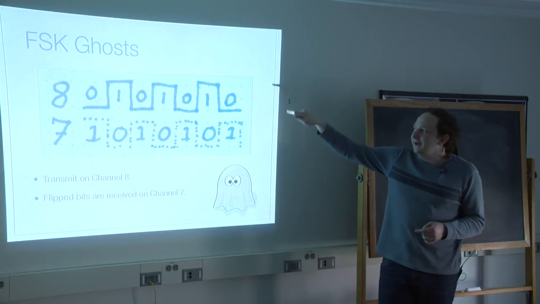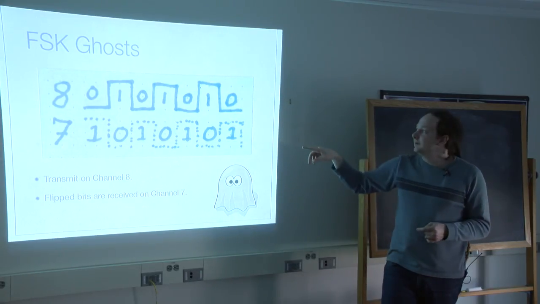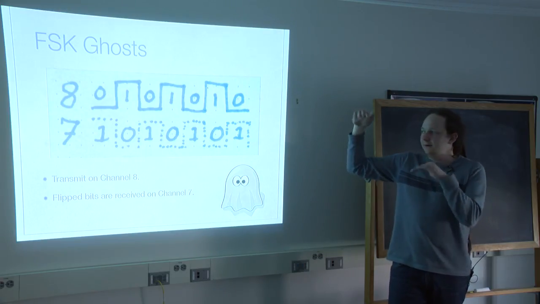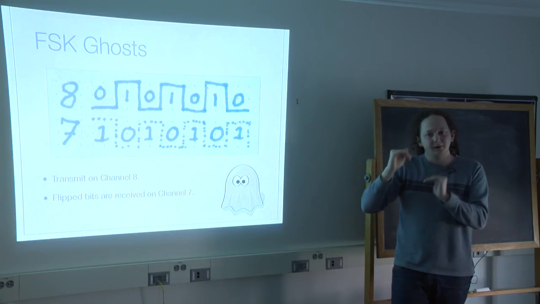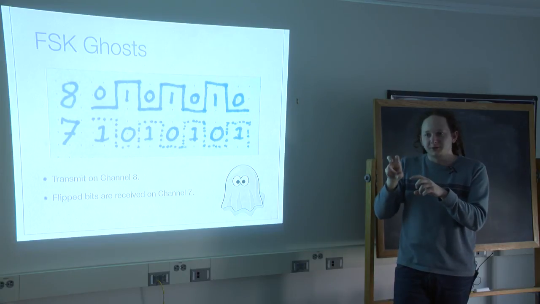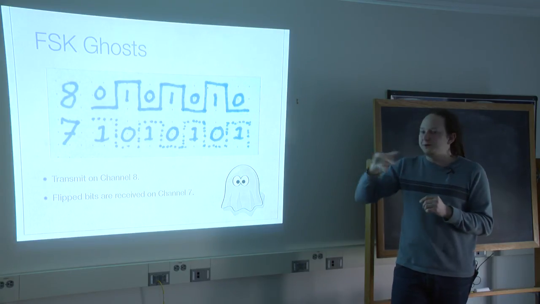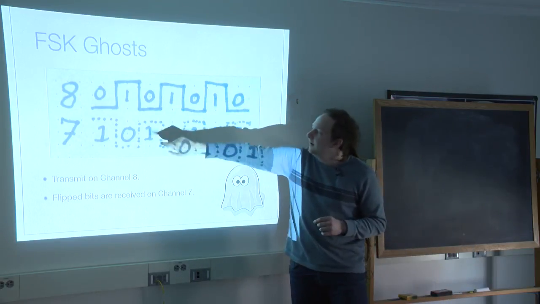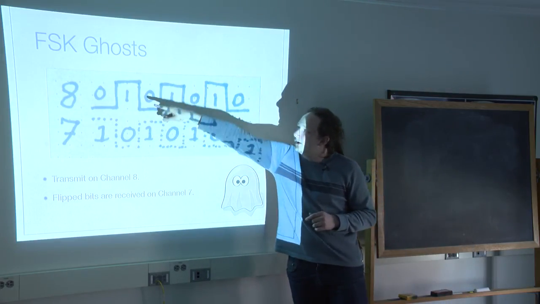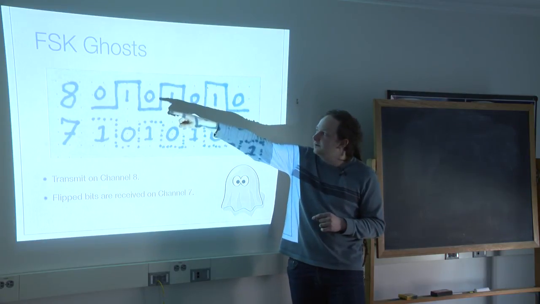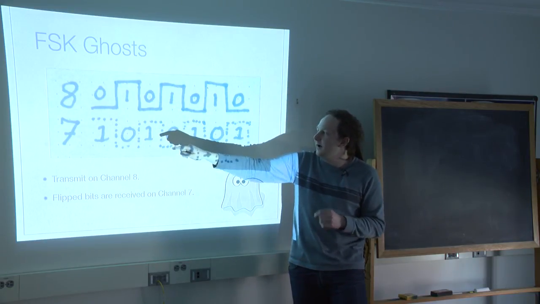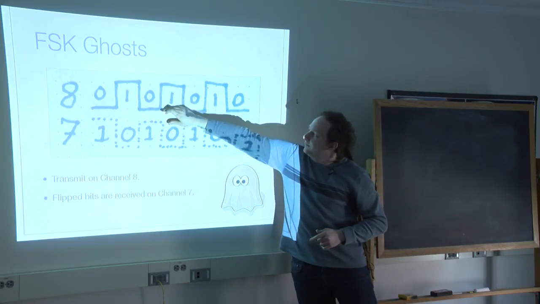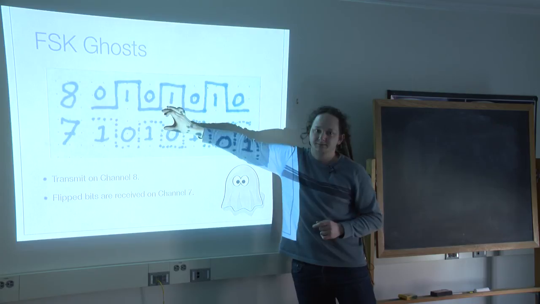If on channel 8 we send a given pattern, like 0, 1, 0, 1, 0, 1, on the channel above and the channel below, because of the way the filters work out, the opposite of those bits will be seen. Because as you're on the lower frequency and you receive a 1, and the legitimate frequency sends a 0, the 1 will come out, because the strong frequency is just above your center.